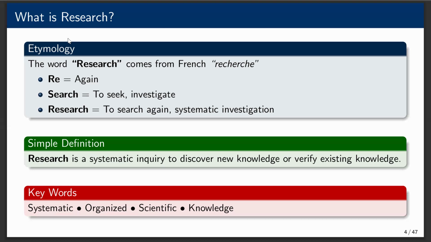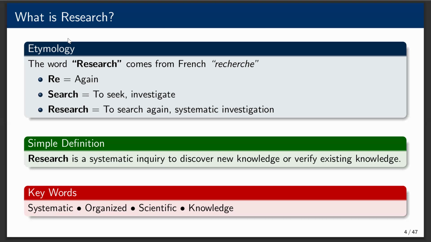Now, it's already existing knowledge, but you want to verify whether the theory is working or not. So to verify the theory, or you can give a new theory, or you can verify the existing knowledge, right?